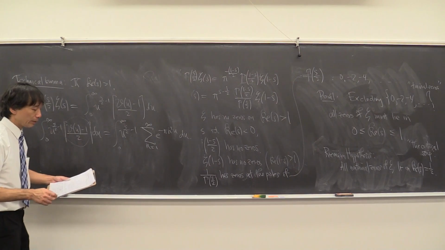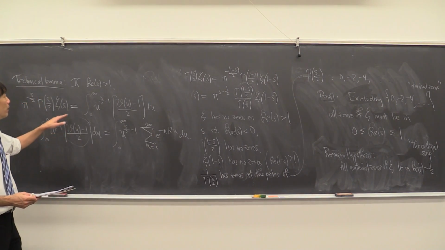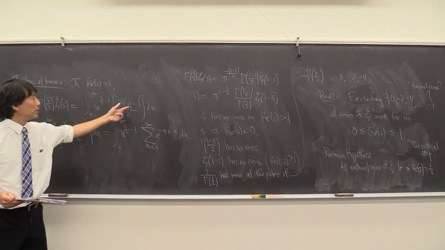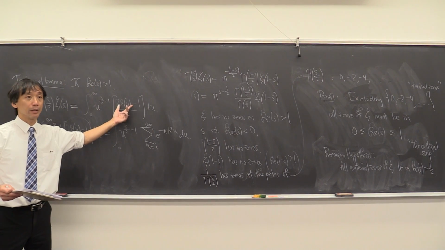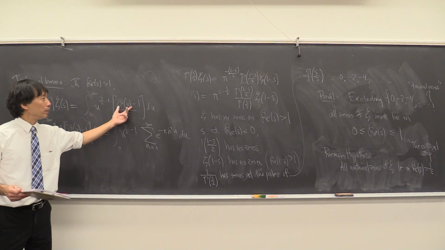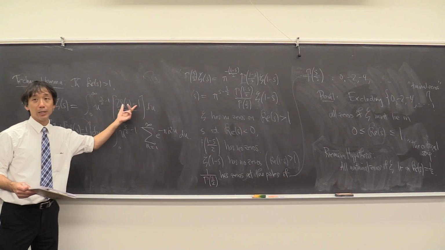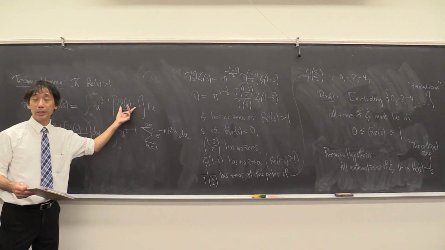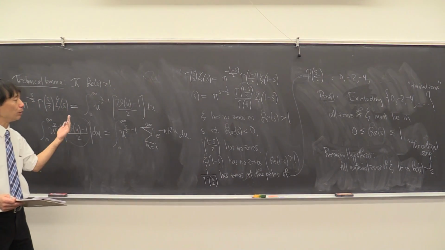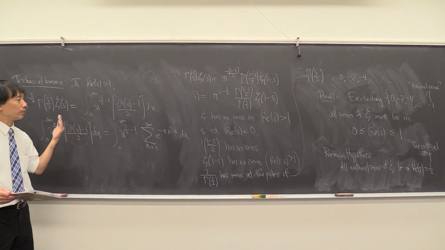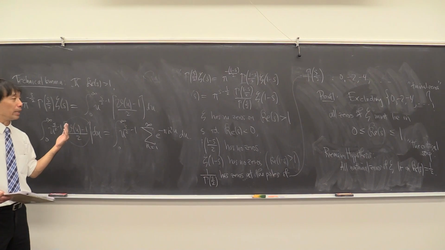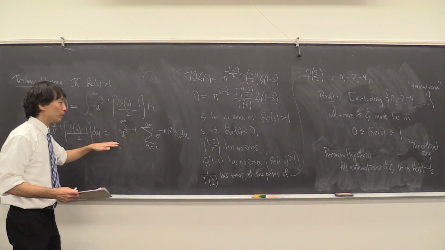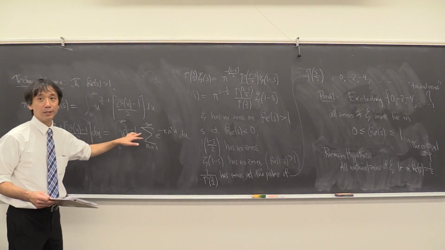And then here is the point of the estimates that we made for theta. Remember, theta minus 1 decays exponentially, and we also had control over what happens when we go to 0. Those allow you to use the dominated convergence theorem.